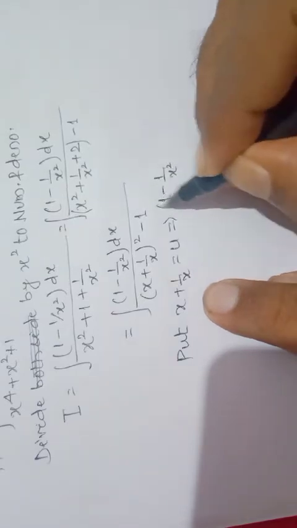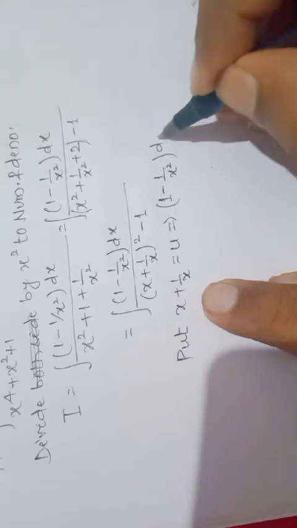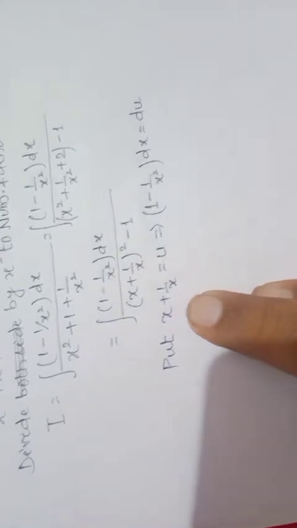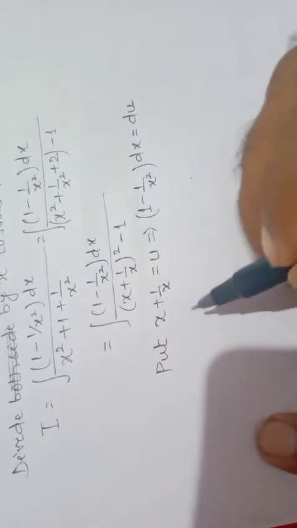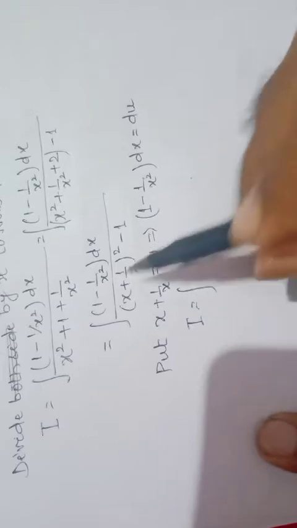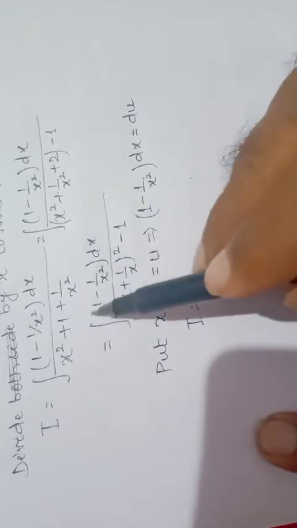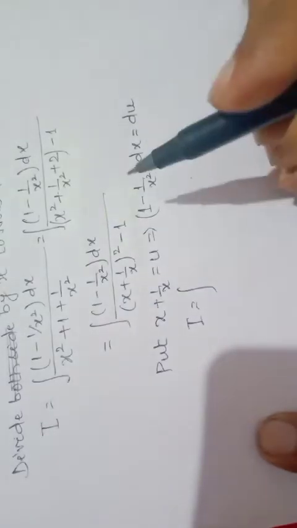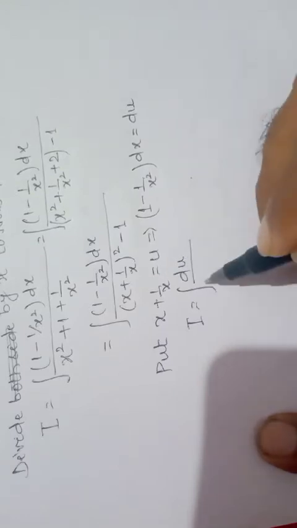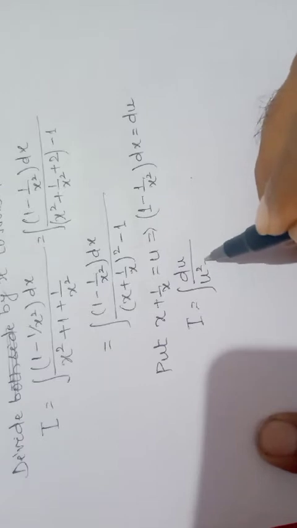So (1 minus 1 by x square) dx should be written as du. So now our integration reduces to integral of du upon u square minus 1.